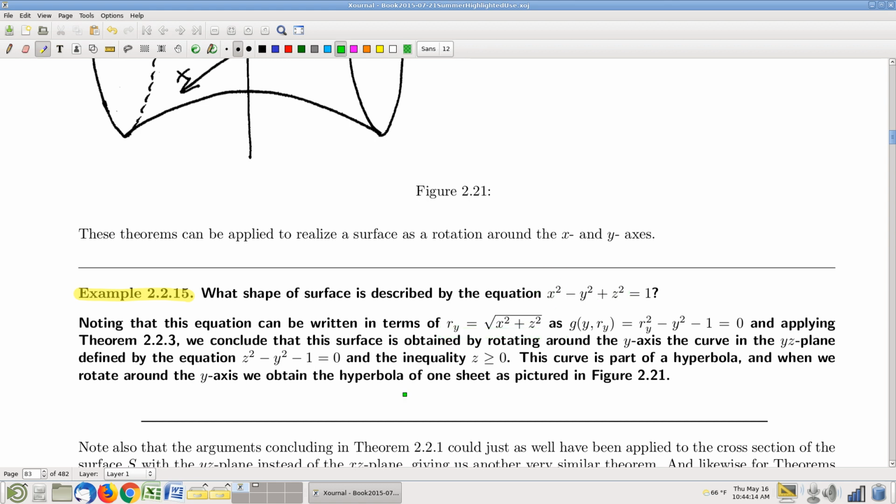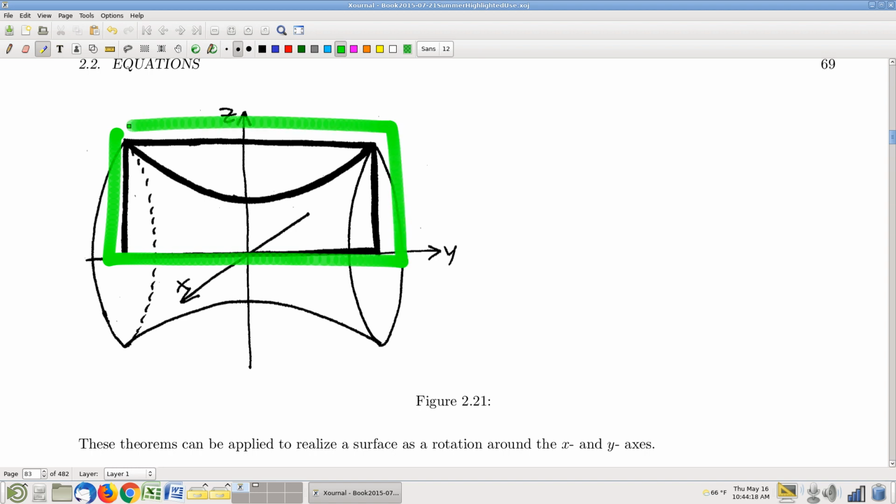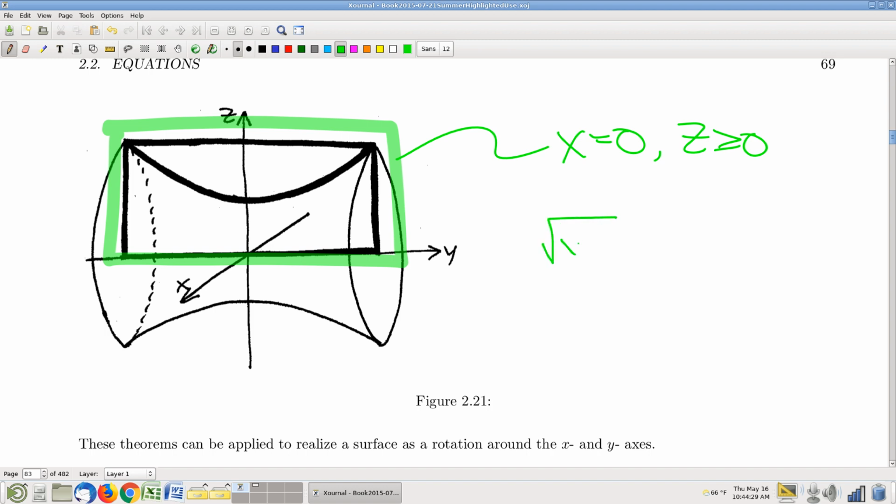And you can think about what this looks like in a certain half plane. Now I'm going to pick this half plane here, this being the half plane where x equals 0 and z is greater than or equal to 0, at which point square root of x squared plus z squared is just equal to z.